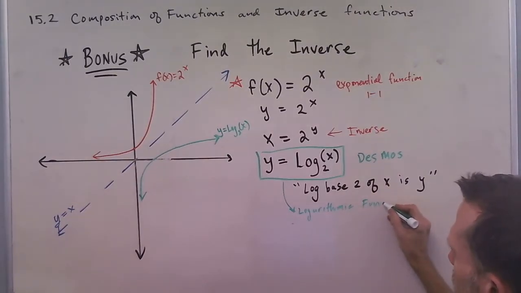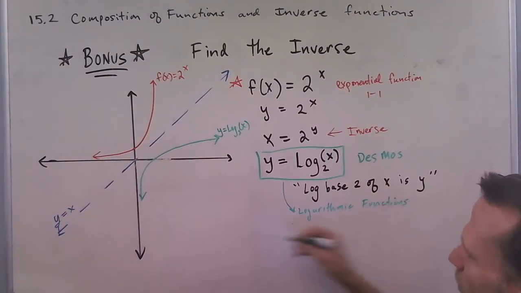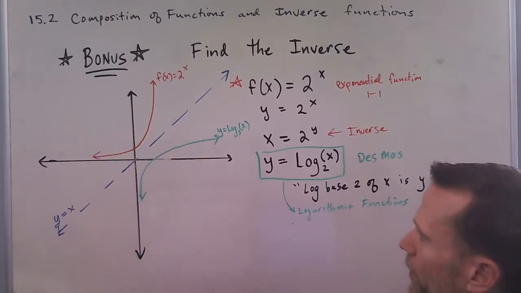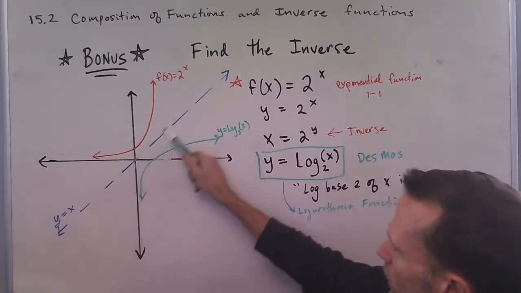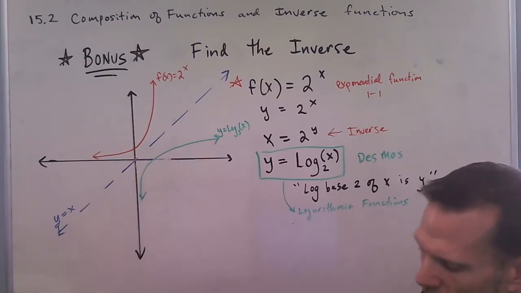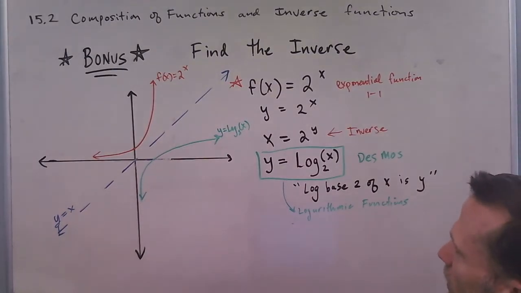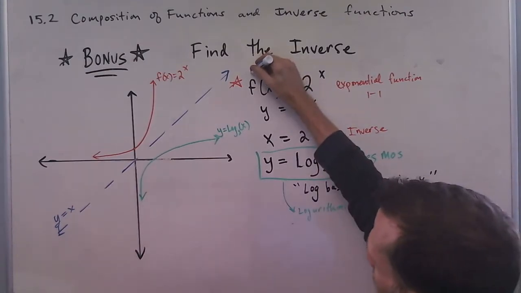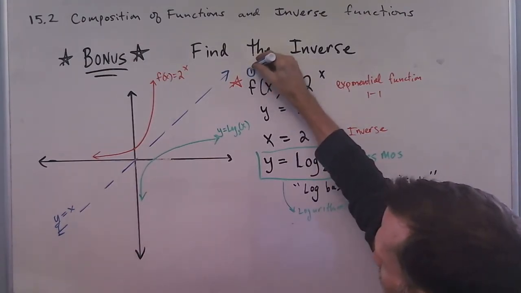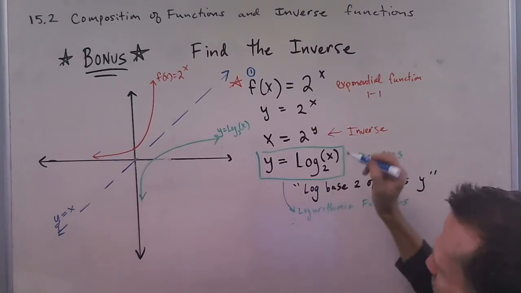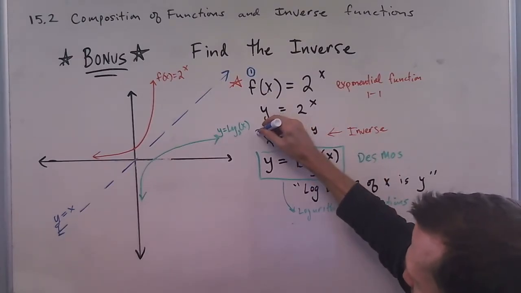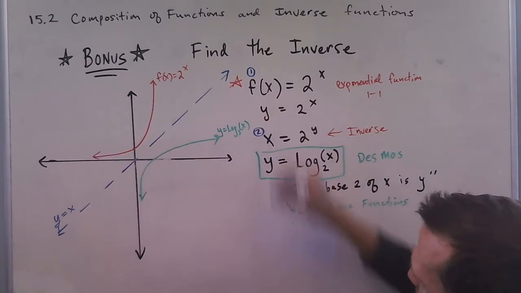And what you'll notice is both of the functions are one-to-one, okay? And they reflect about this line y equals x. So what I recommend typing into Desmos is these 3 things, okay? So first type this in, okay? Then type this in, okay?